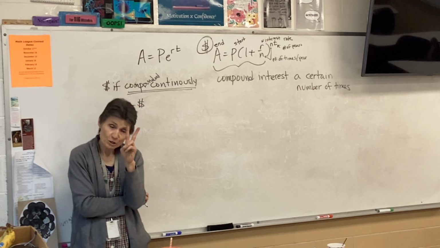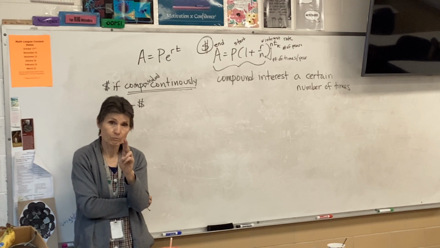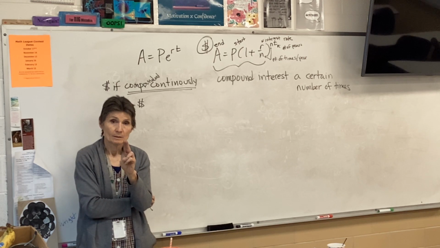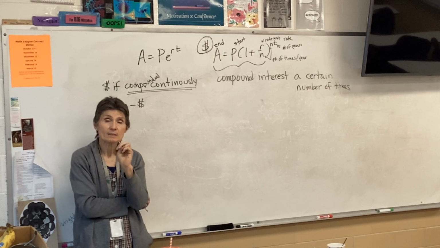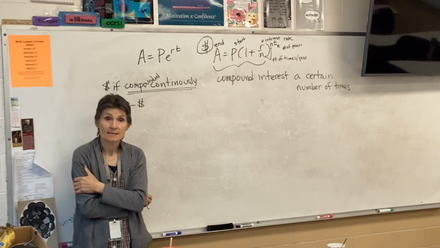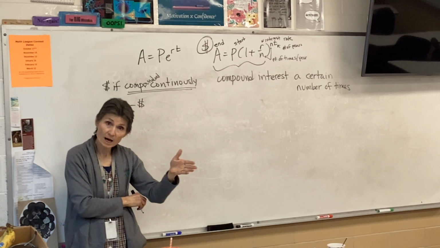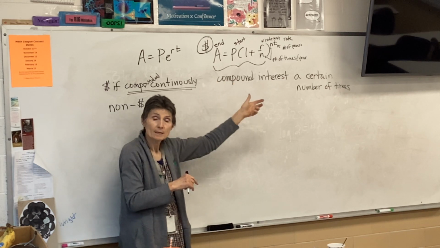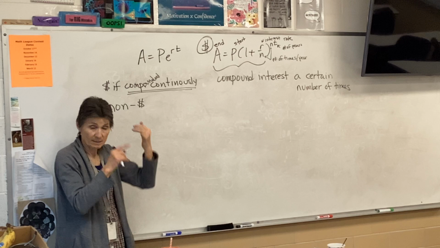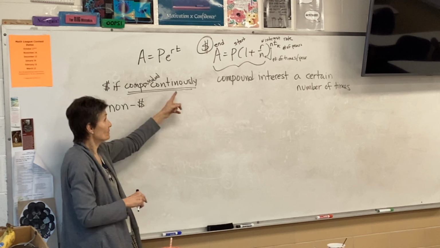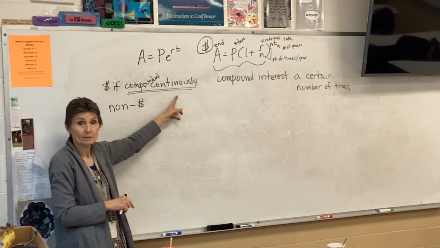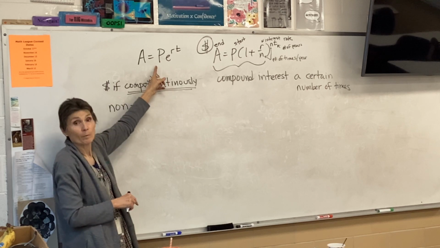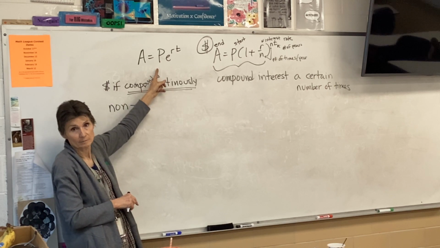So there's only two formulas you're responsible for. If it is money and it's compounded a certain number of times, then it's that one, the big one. If it's money but compounded continuously, it's what we call the PERT formula.